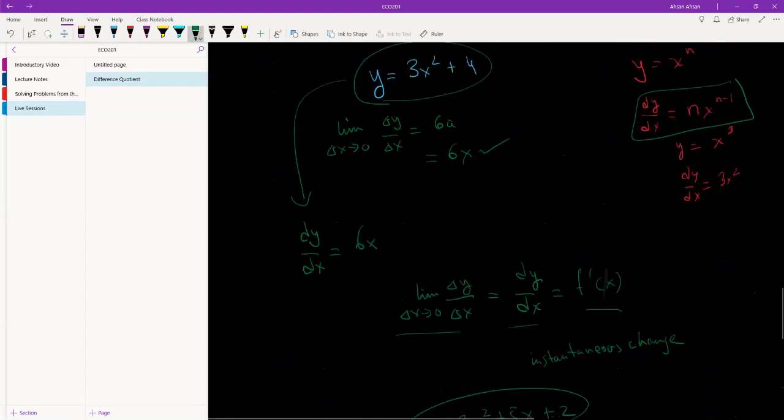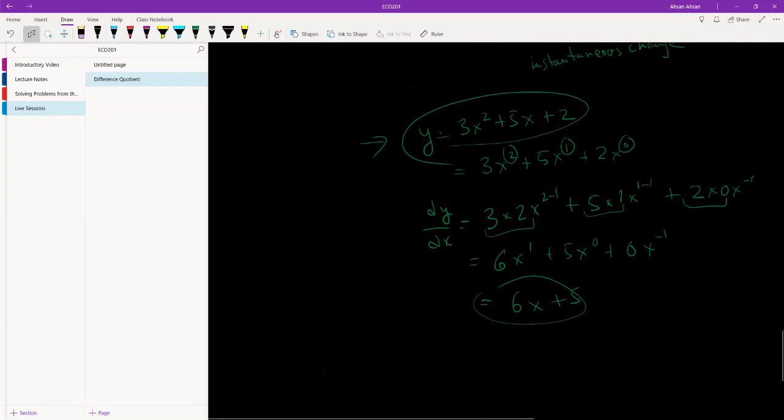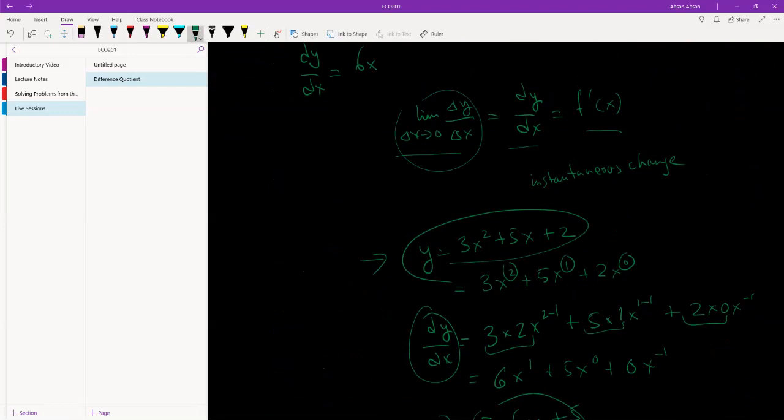If you do the exact same thing to this equation, you will end up with this answer. So this is just to illustrate that what you know as dy dx is the same thing as the difference quotient.